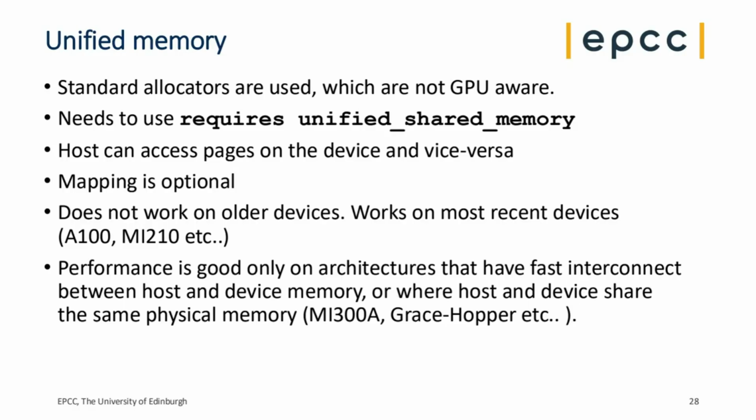And to specify that you're using unified memory, you can have an OpenMP directive at the top of your source file, requires unified shared memory. And that means that memory allocated is going to be in the unified memory. And if you're using the very latest versions of a GPU, so for AMD, something like the MI300A, or for NVIDIA, the Grace Hopper H200, the memory in hardware is actually unified.